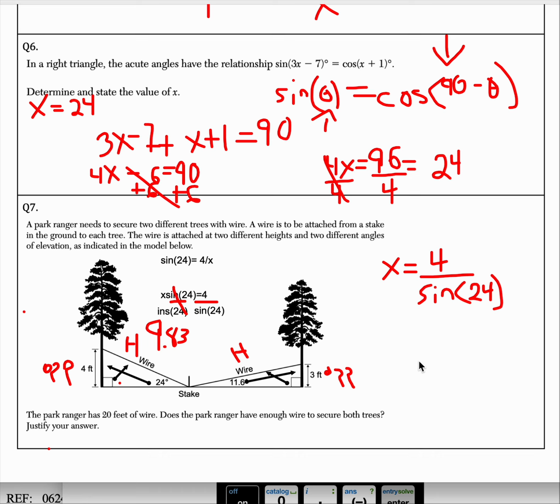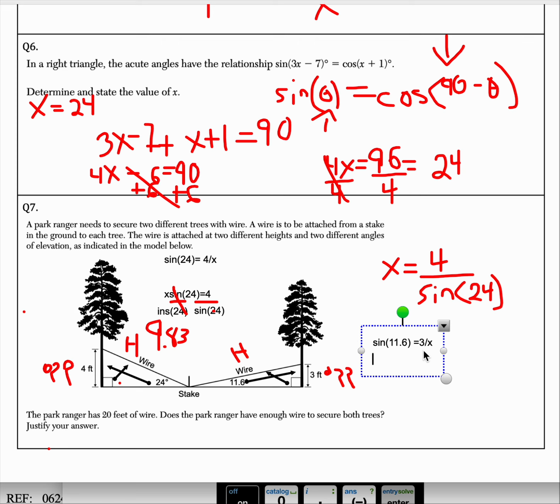All right, we end up with sine 11.6, right, equals 3 over x.